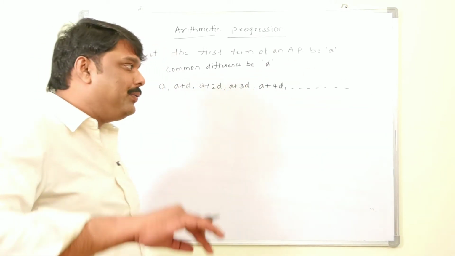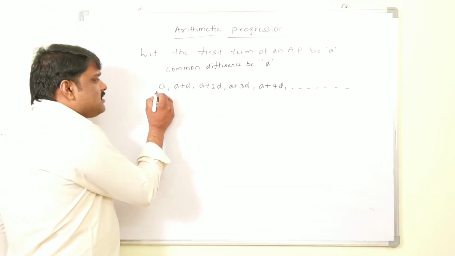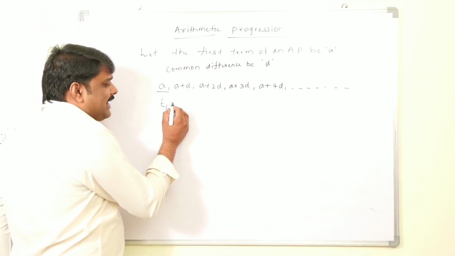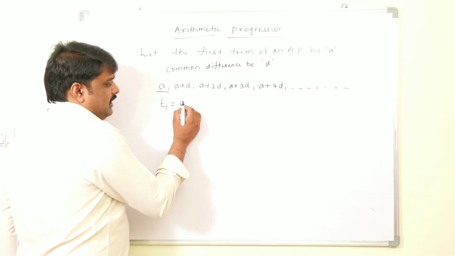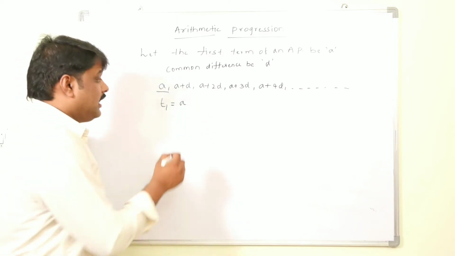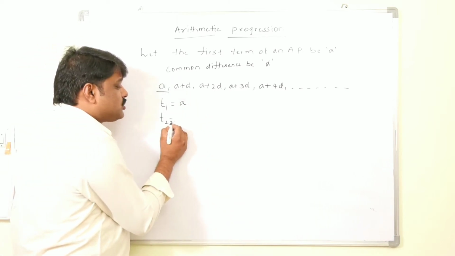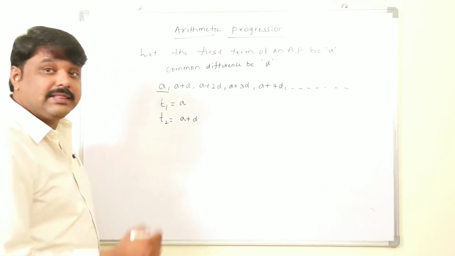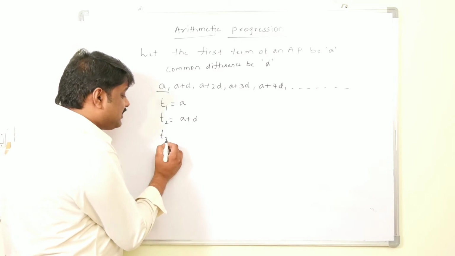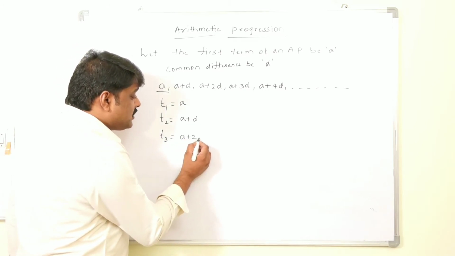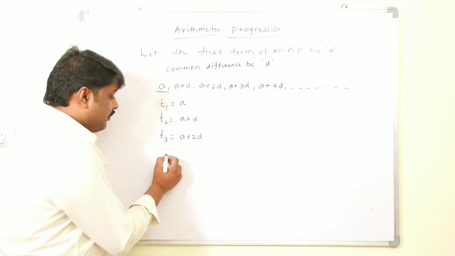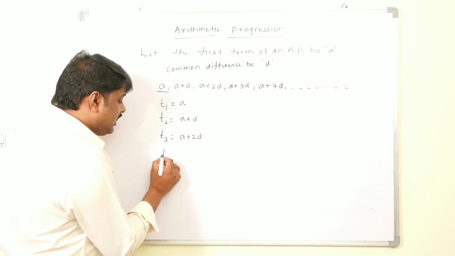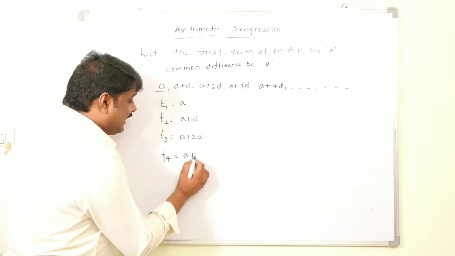Now, this is the first term. Let us say it as T1. T1 equals a. Now second term T2 equals a plus d. Third term T3 equals a plus 2d. Fourth term T4 equals a plus 3d.